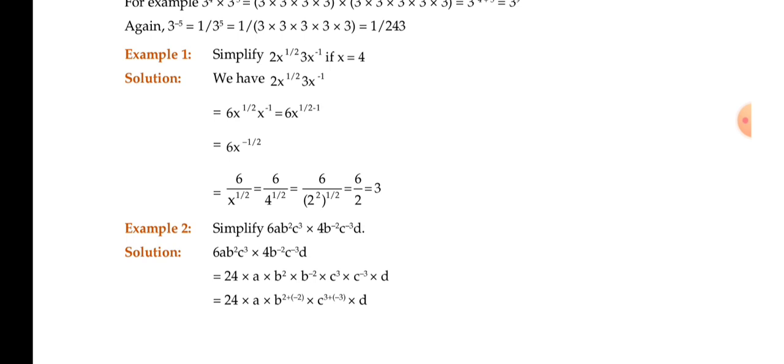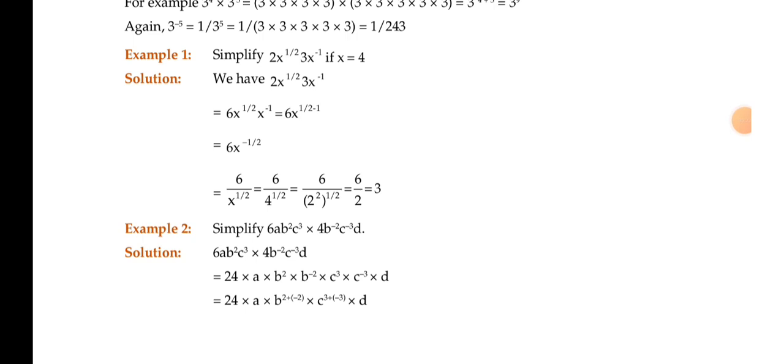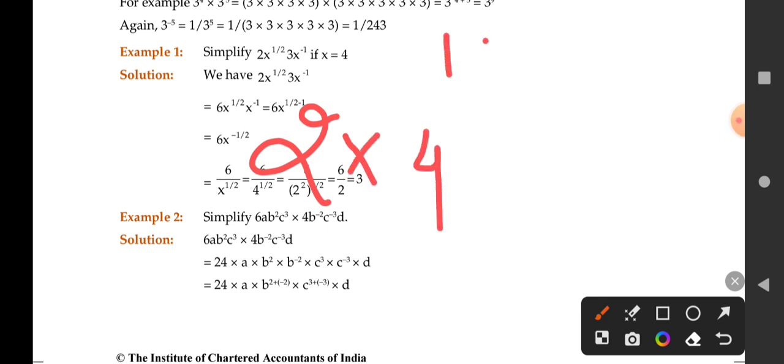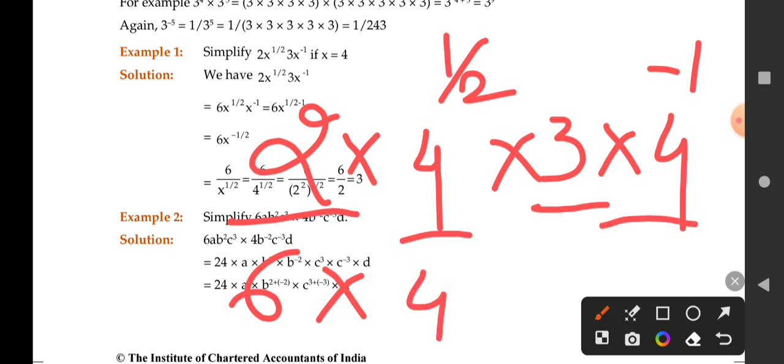Let's see example number 1. Simplify this equation if x is 4. Let's directly substitute x. 2 into 4 raised to half into 3 into 4 raised to minus 1. Let us shift the constant 3 into 2 to get 6, and add the powers of 4, half minus 1.